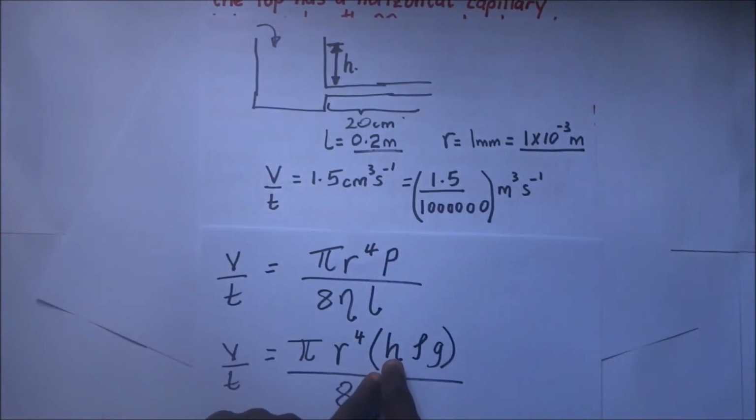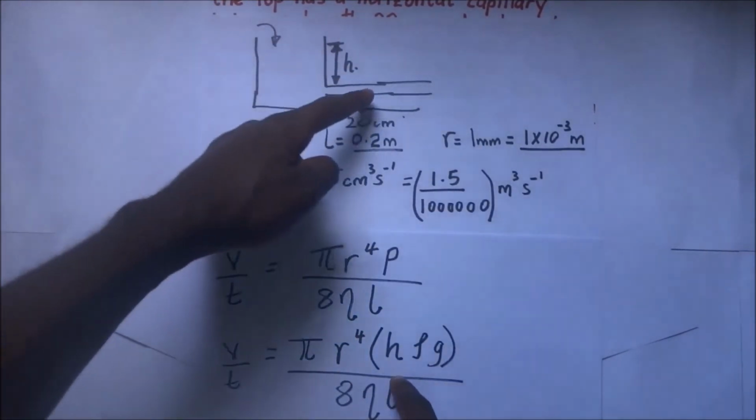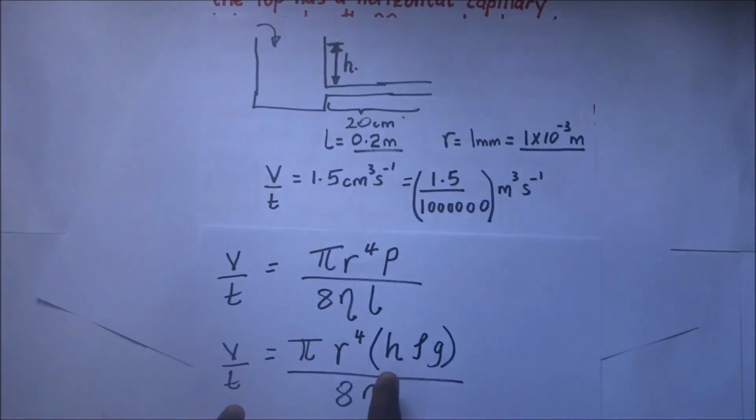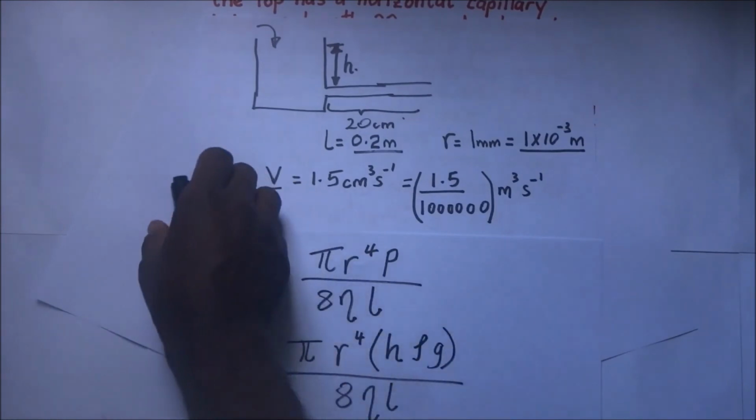In other words, if this height is to be constant and water flowing in is the same water flowing out, what is the volume flow rate?